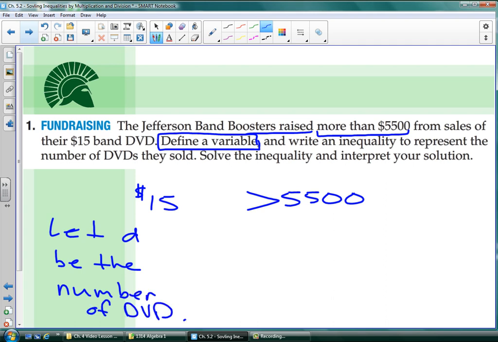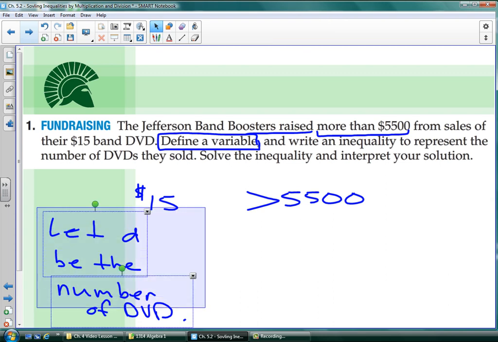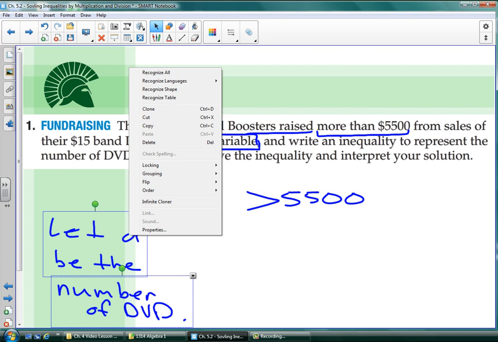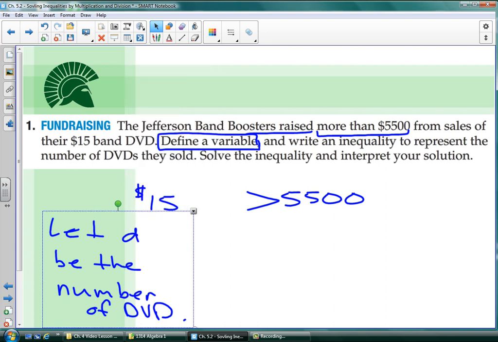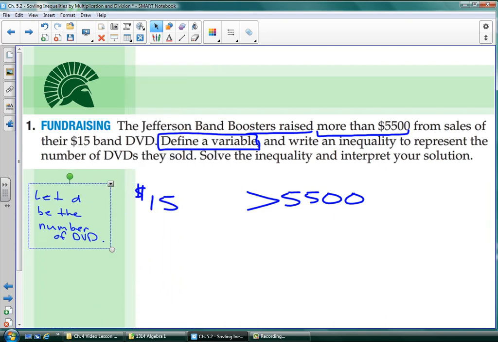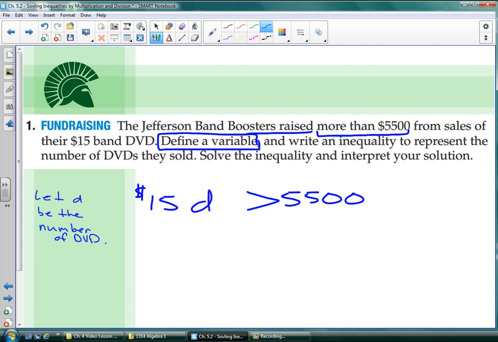And that should make sense, because if I take the number of DVDs and I multiply it by 15, that gives me how much money you make. And since they say that they raised more than, it's not or equal to, it's just more than, it's not a ceiling, or it's more than $5,500, this is what I end up with.